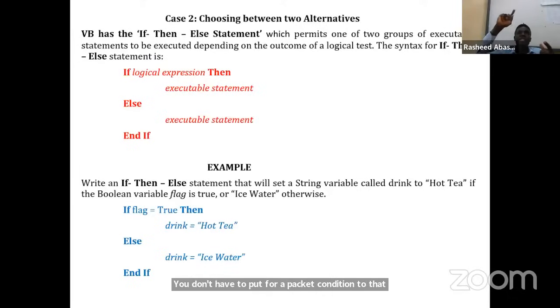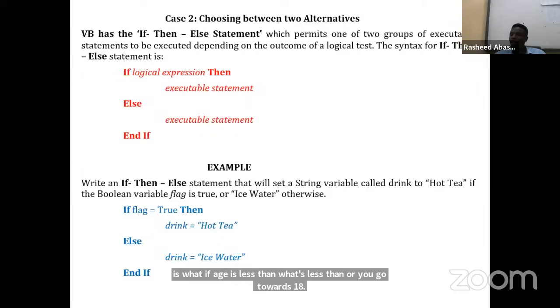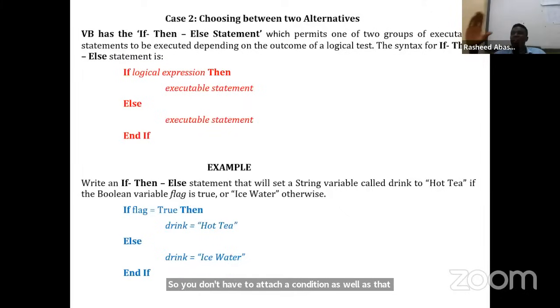The condition is if age is greater than 18. So the Else is if age is less than or equal to 18. So you don't have to attach a condition to Else. Else is just automatically going to negate that logical expression that you have. So you don't need to attach a condition to it.